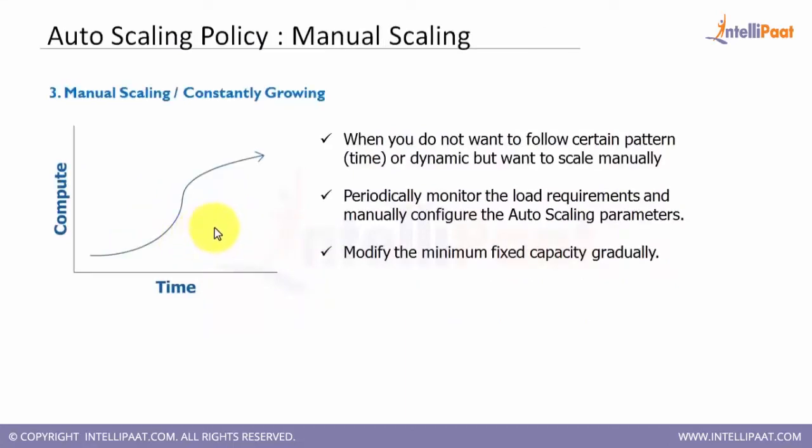Third is manual scaling, or constant scaling. When you want to follow a certain pattern for how you want to scale up or scale down, you can do that. This is more about when you know this is the time you want to increase the load. You don't want to wait for any conditions or any time base, you want to do it manually. This is the case for you.